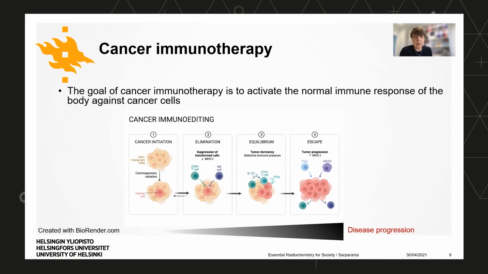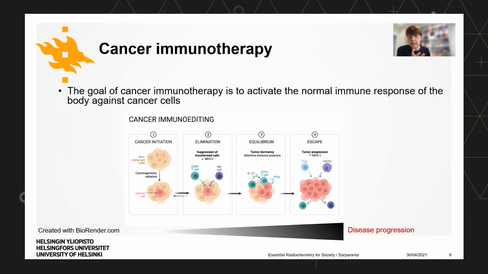So, a brief overview on cancer immunotherapy. What happens in cancer is a phenomenon known as cancer immunoediting. When cancer begins in the body with the malignant transformation of a population of cells, T cells and NK cells, natural killer cells of our body that survey the functions of the body, would detect this and go after those cells, destroy them, and the cancer would be gone before it even manifests.